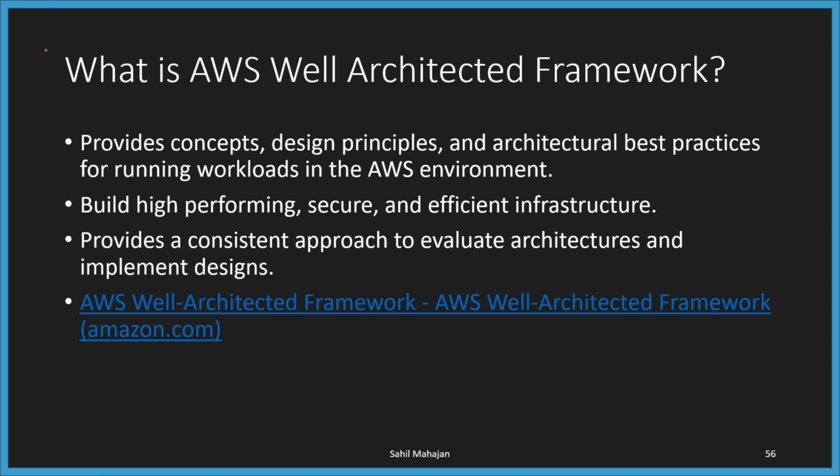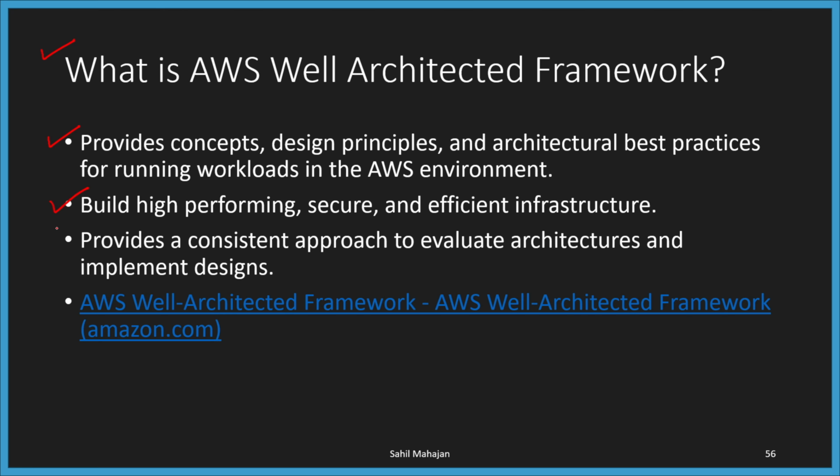So let's dive into what is the AWS Well-Architected Framework. The AWS Well-Architected Framework provides concepts, design principles, and architectural best practices for running workloads in the AWS environments. In simpler terms, you can think of it as AWS recommendations on best practices, how things should be run in the cloud, and just a huge document related to it.